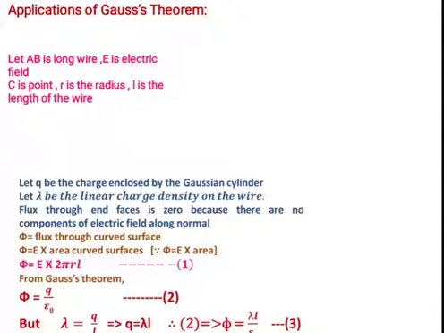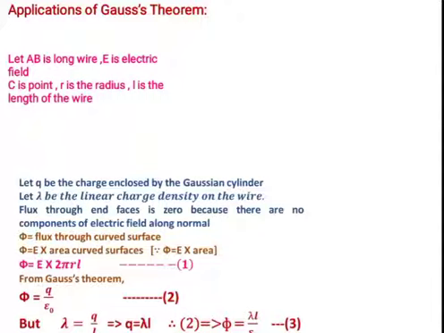You have to remember these two; based on these two concepts we are going to learn the applications. The formula for the flux is phi equals summation of E dot ds, where E is the electric field and ds is the surface area element.